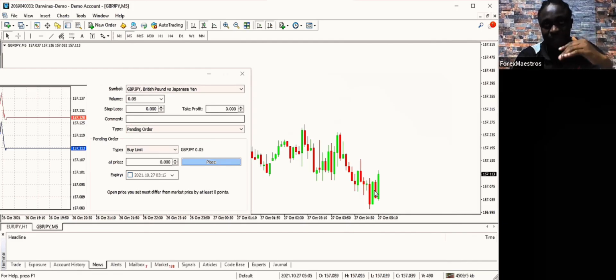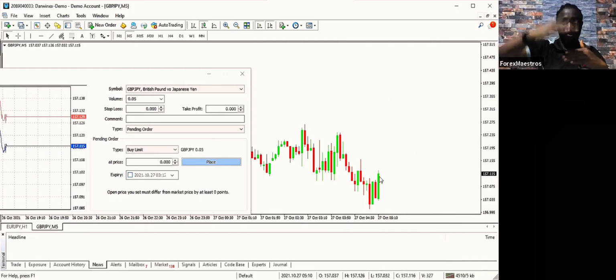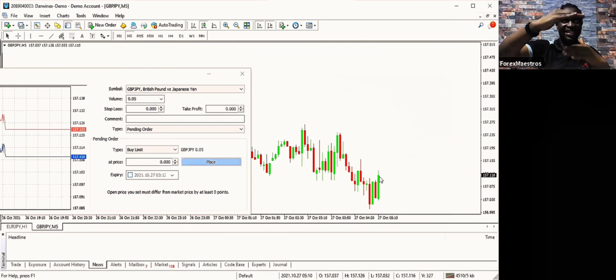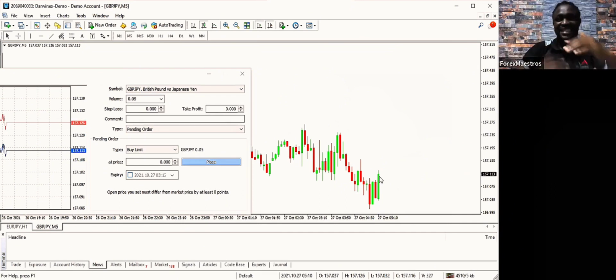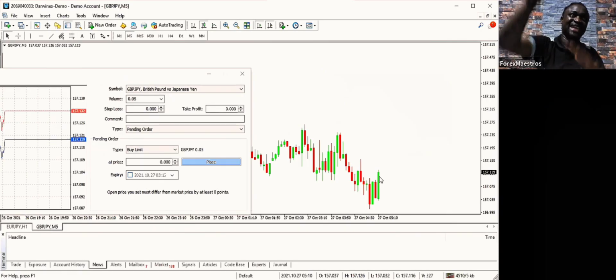The same thing for sell. So in a buy limit, price falls, okay? That's when you enter. In a sell limit, price rises, okay? That's when you enter. You know, in a buy limit, price is going up, it's bullish. So your buy limit is when there's a limit in that movement of increase in price.